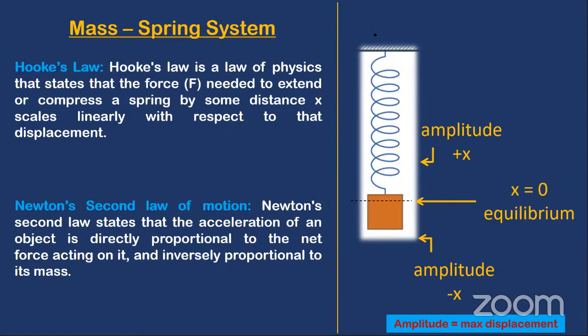Now, when you are considering this particular model, what will be our question? Say you have just pulled this mass from its equilibrium position down by some distance, and you left it there. Immediately it starts oscillating.